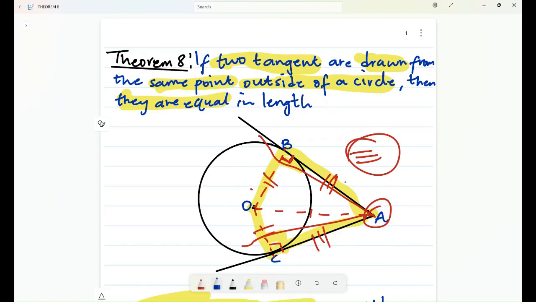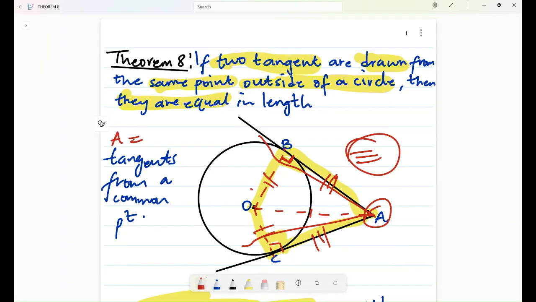Now, when you give a reason, you are going to say tangents from a common point. If you were to say AB is equal to AC, why? This is your reason: tangents from a common point. I hope you are following.